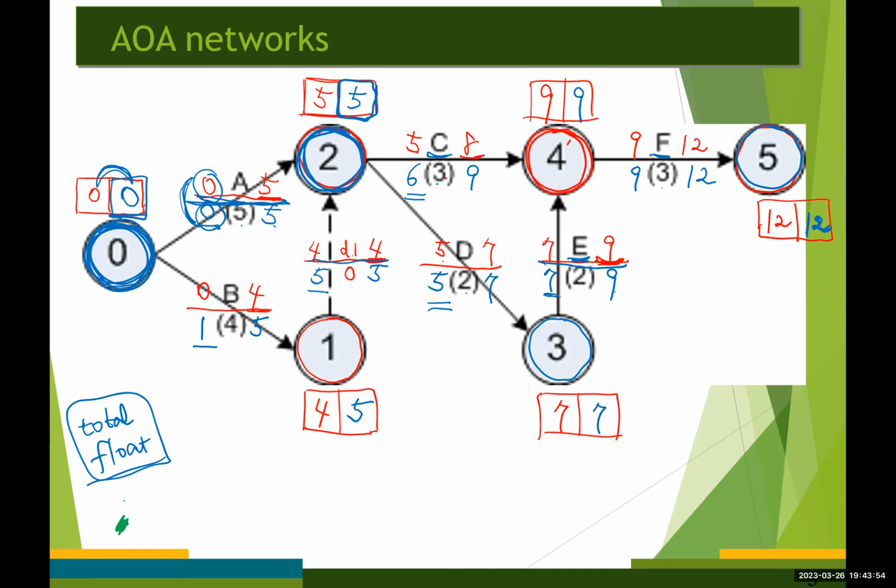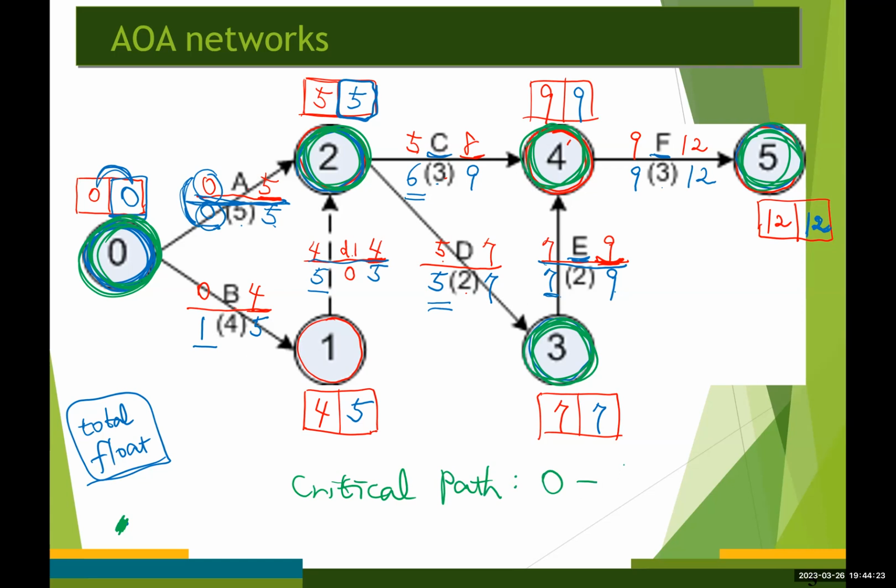So the critical path should be starting from 0, 2, 3, 4, and 5. So the critical path is going to be 0, 2, 3, 4, and 5.